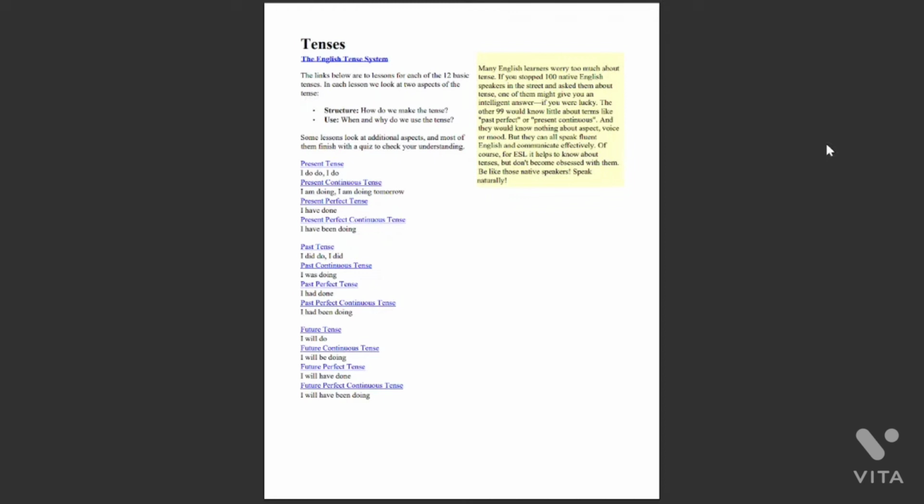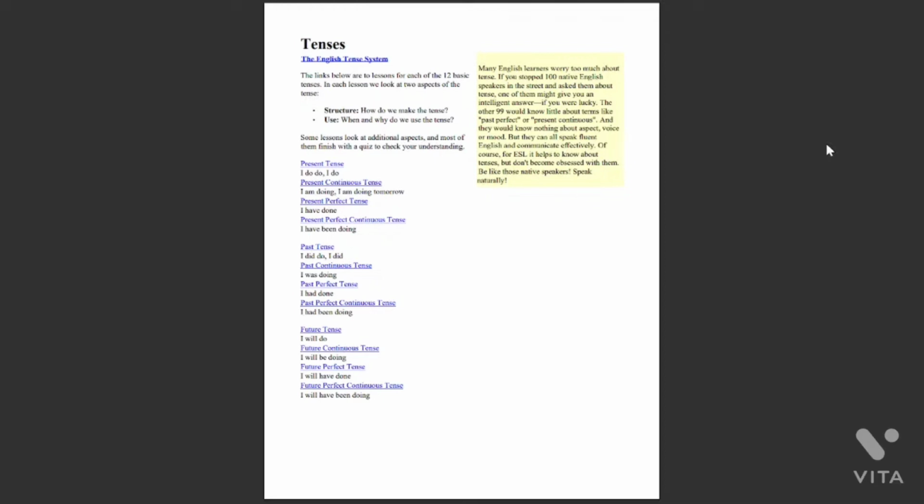Before going to the present tense, let me tell you one little thing: many English learners worry too much about the tenses. Actually, if you stopped 1,000 native English speakers in the street and asked them about tenses, one of them might give you an intelligent answer, if you were lucky. The other 99 would know little about terms like past perfect or present continuous, and they would know nothing about voice or mood.